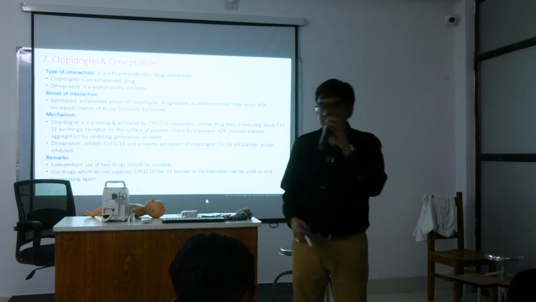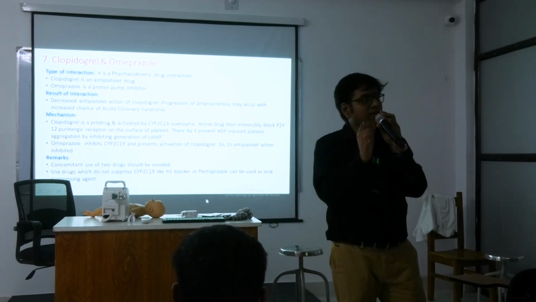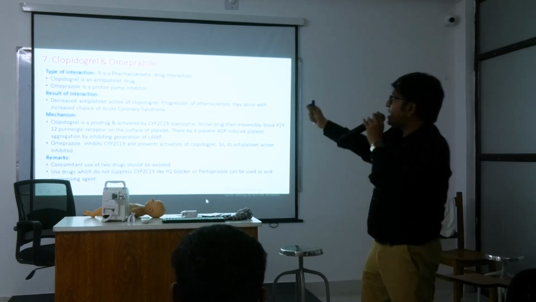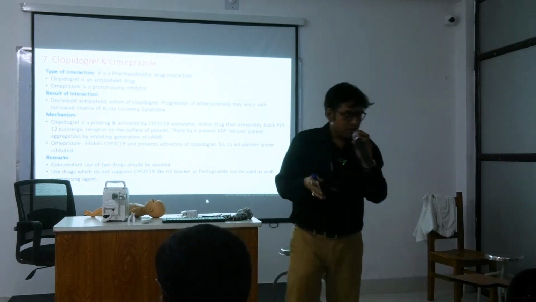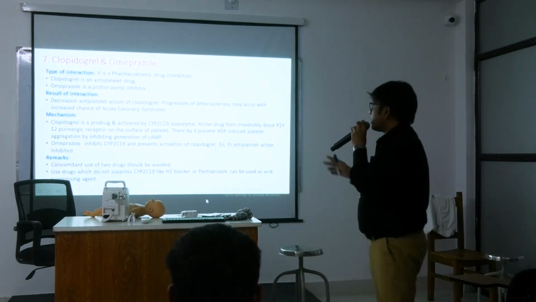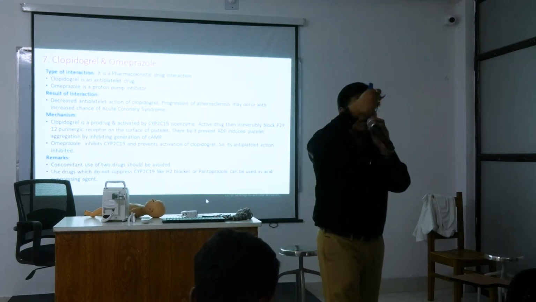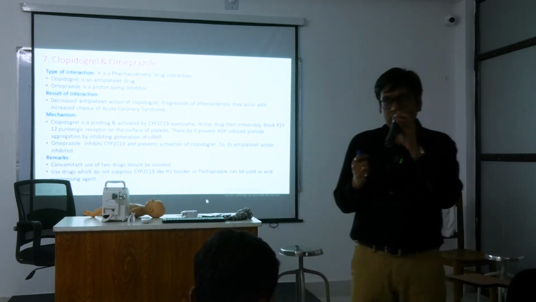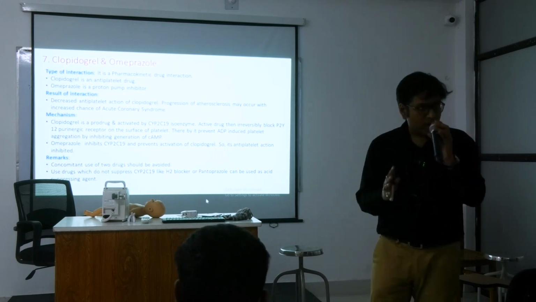There are other examples. Now, clopidogrel is an antiplatelet drug and omeprazole is a PPI, a proton pump inhibitor, which reduces acidity. But what happens? Clopidogrel is a prodrug. Prodrug means the form in which the drug is taken is inactive. That has to be activated in the body, by the body.